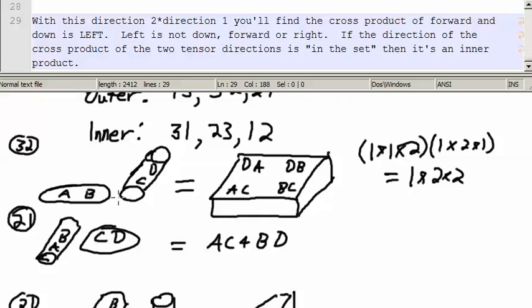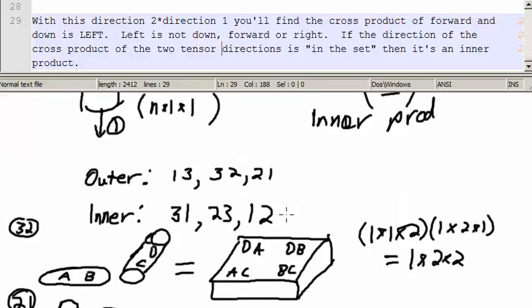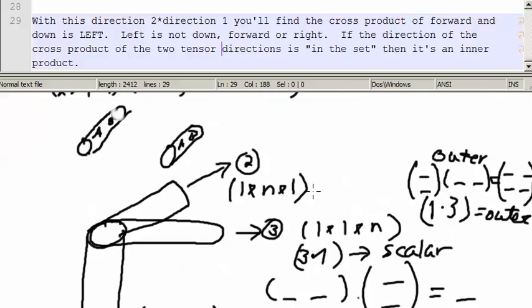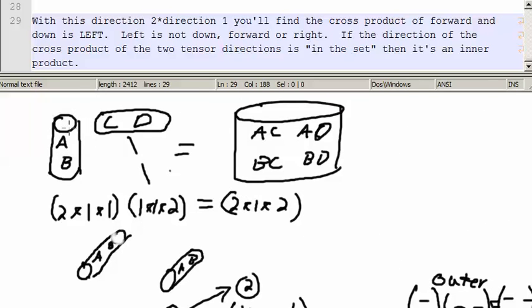So let's go back to this one and see the outer product of right then forward is up. And up is not one of the things. But the outer product, or the cross product of forward and right is down. Down is in the set, you get an inner product. Same way with way up here. The cross product of down then right is back toward you.